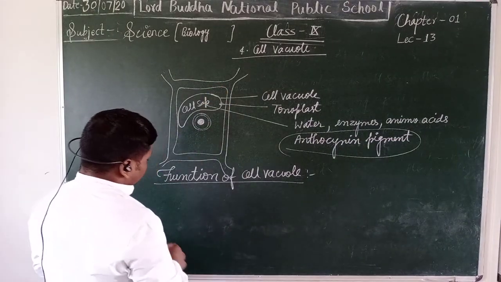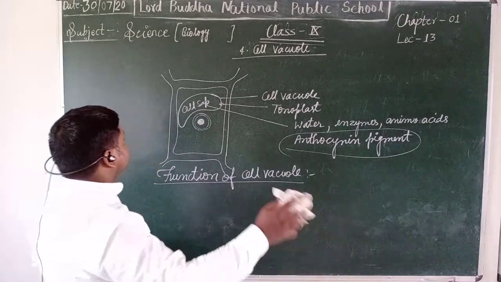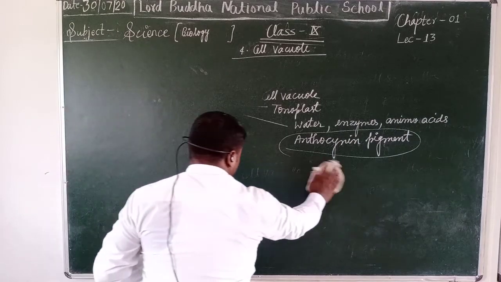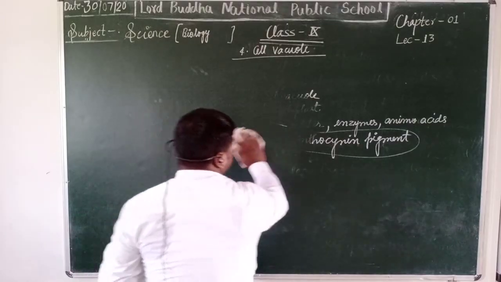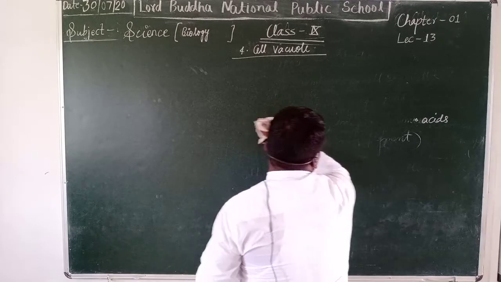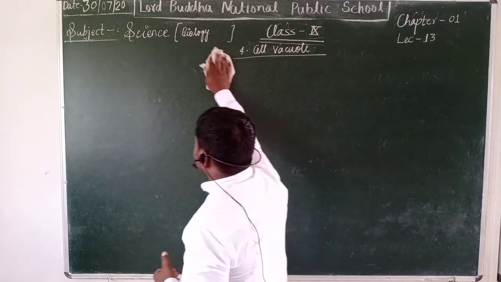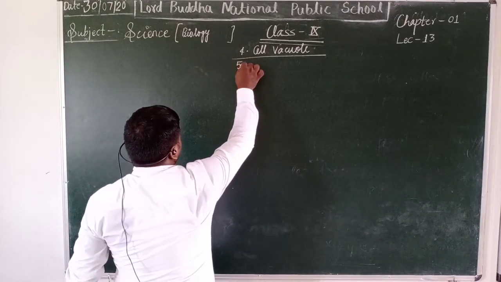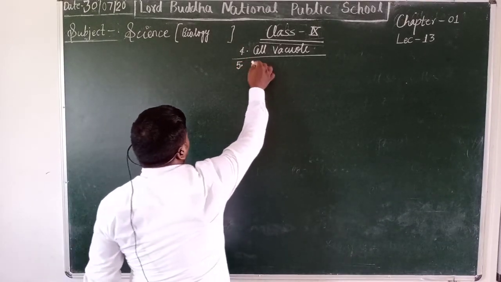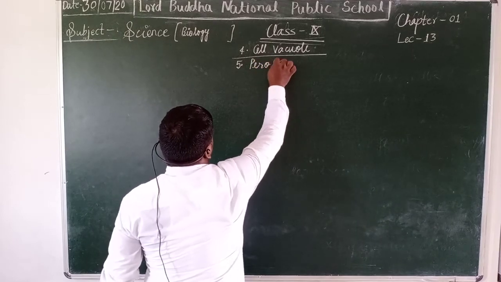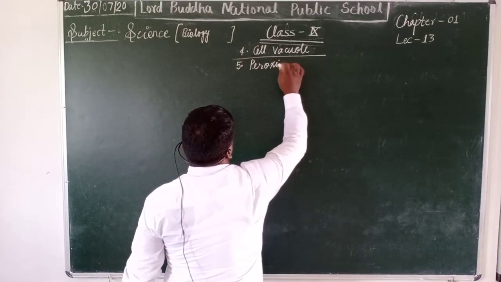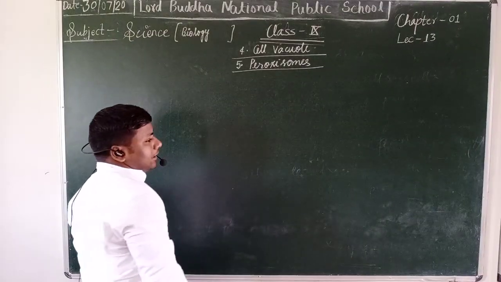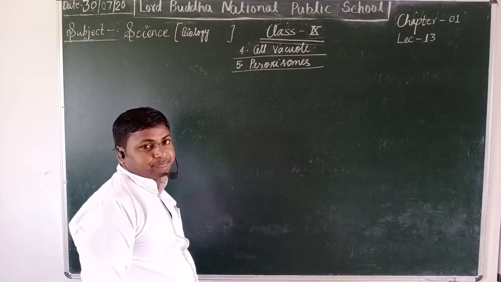Now students, I take another type of cell organelle of unit membranous structure, the peroxisome. Peroxisomes are very minute spherical structures.